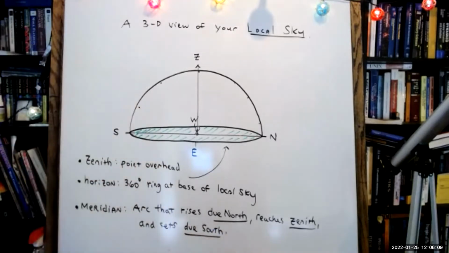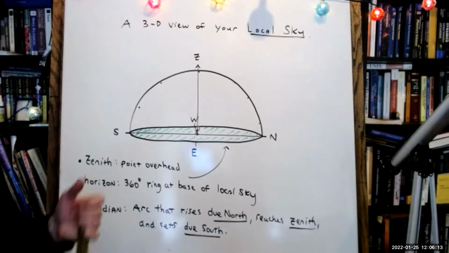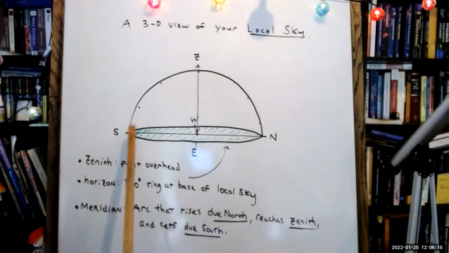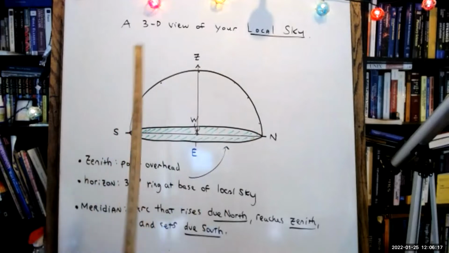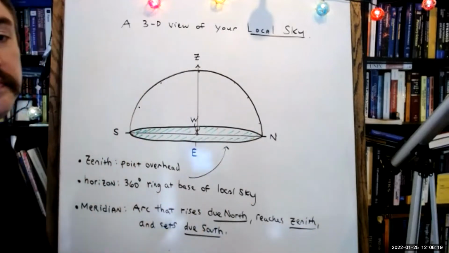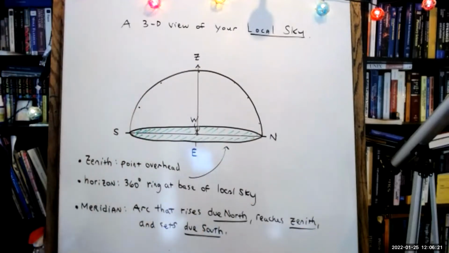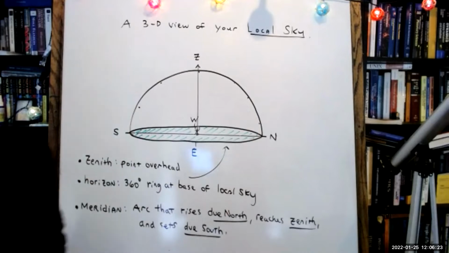And I've sort of underlined the three key points on the local sky. This arc that we drew in is actually, this hemisphere is our meridian. Just give you a moment to catch up.